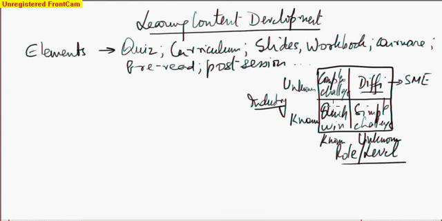This opportunity will be making a mess otherwise. In both the unknowns, wherever you are in the unknown quadrant, always see that you've got a good subject matter expert to lead you in. Of course, if it's unknown industry, unknown role, your time required as a content developer to understand the whole thing and then be able to design something about it will be much higher.